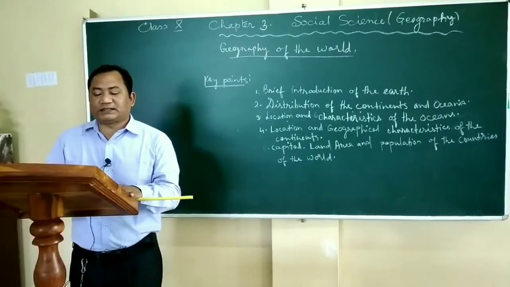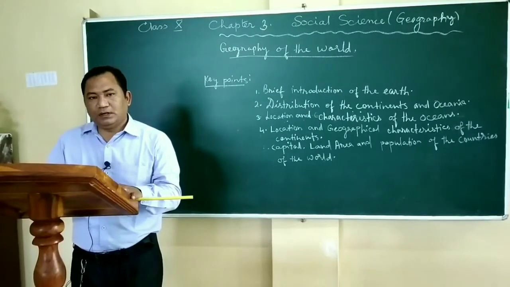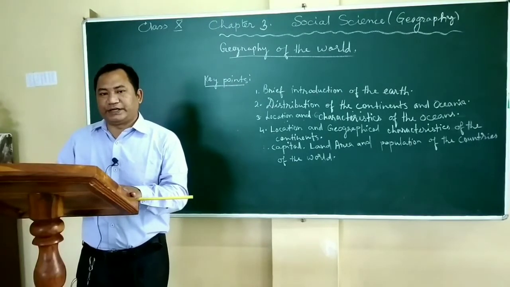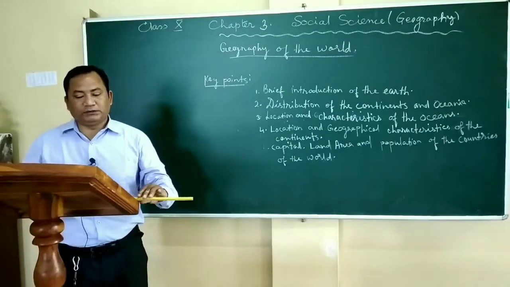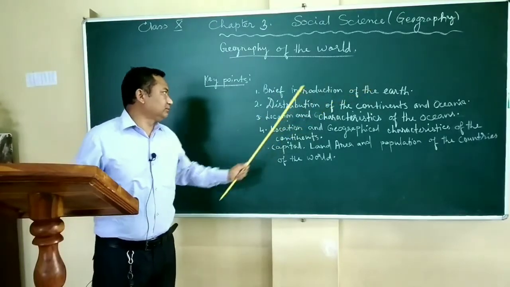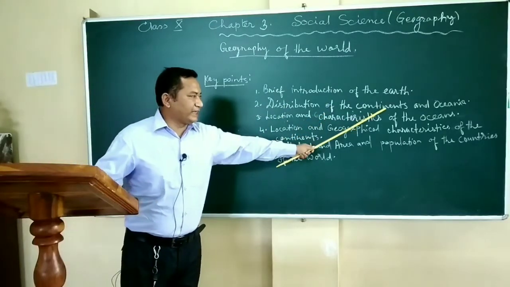Today we'll discuss Geography Part, Chapter 3, Geography of the World. First, let us see the key points of this chapter. Number 1, brief introductions of the Earth. Number 2, distributions of the continents and oceans.